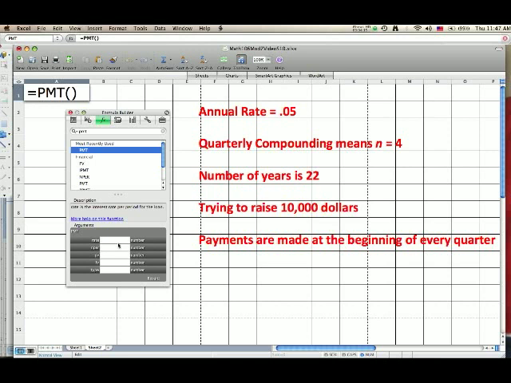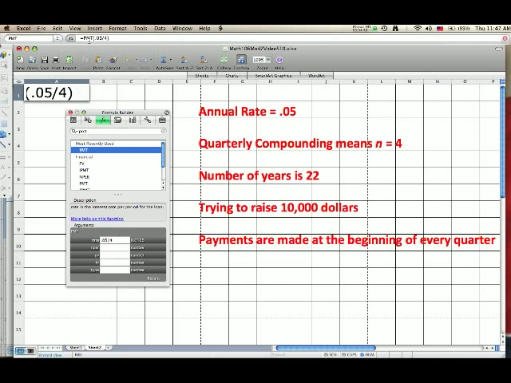So I actually like to just give Excel the annual rate divided by the number of times that you compound in a year, because then the rounding information is already in there for you. So I'm going to put in here for the rate 0.05 divided by 4. And you can see that that argument is actually showing up in cell A1.